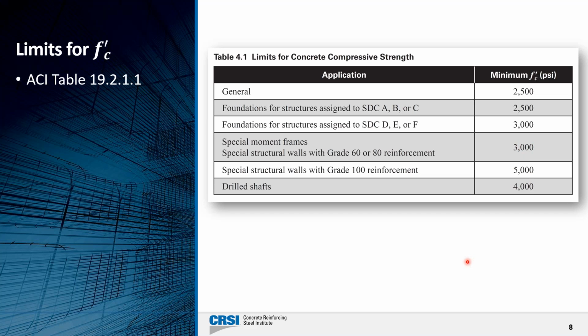That's basically because that's what the experimental tests were based on. So the committee didn't feel using something like 4,000 would be appropriate. So that's why there's a lower limit of 5,000 if you want to use grade 100 in a special structural wall. So these are important items that we need to be aware of, obviously before we proceed with design.